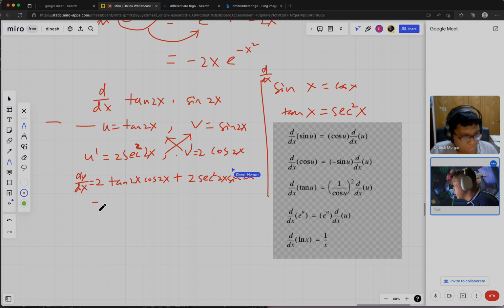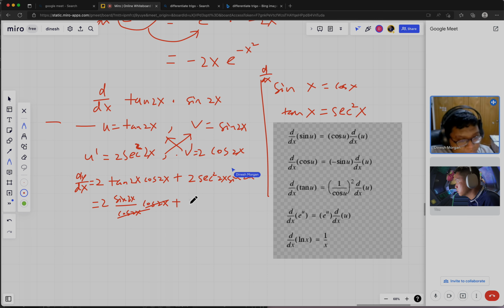If you want to simplify, I think you can, because you have sine 2x, cosine 2x, cosine 2x, so this is gone. Is there a way for you to get rid of something? Sine 2x, sorry, no, it becomes tangent. You have tangent and then the sine, so it doesn't help a lot.